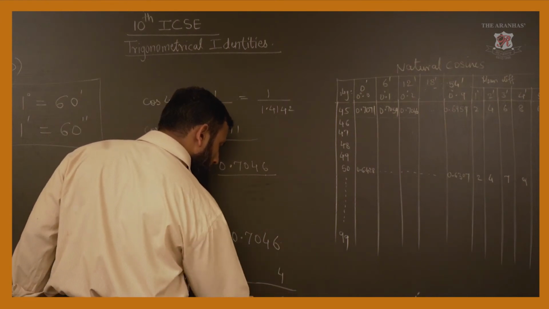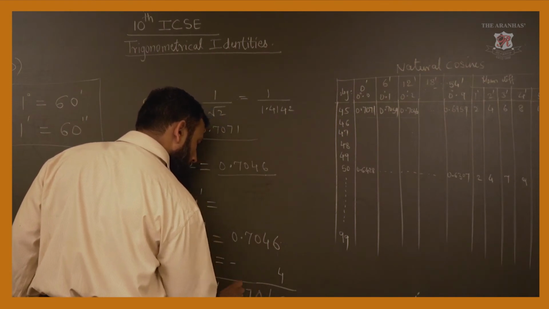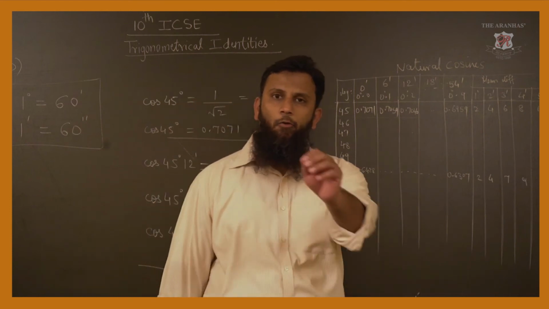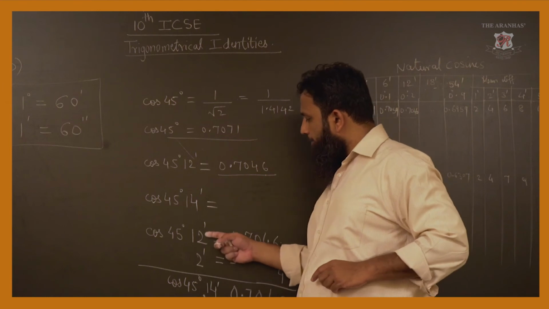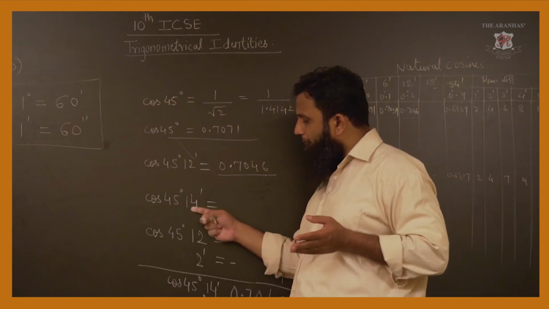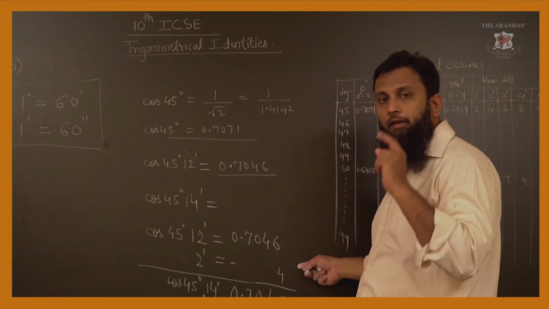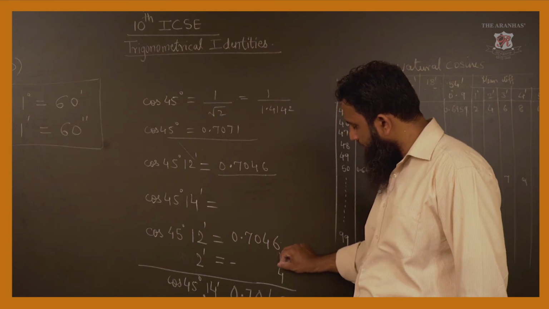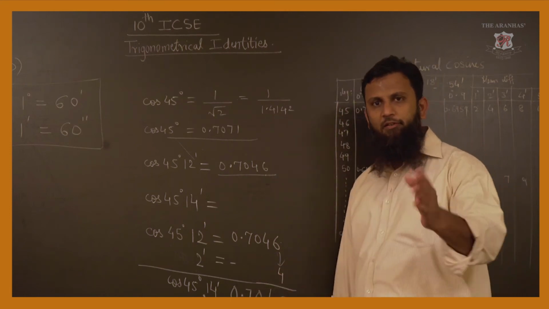So the answer comes out to be 0.7042. In this way you have to do it for cosine. The minutes are added to make it 14, but the values of those are subtracted, and remember, you have to subtract it from the right extreme value. Do not put that 4 anywhere else, otherwise the answer will go wrong.